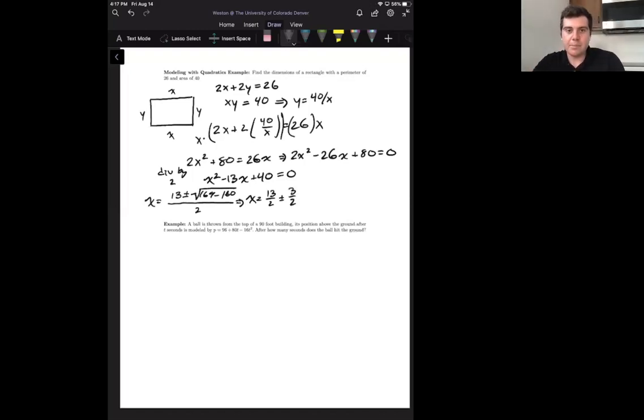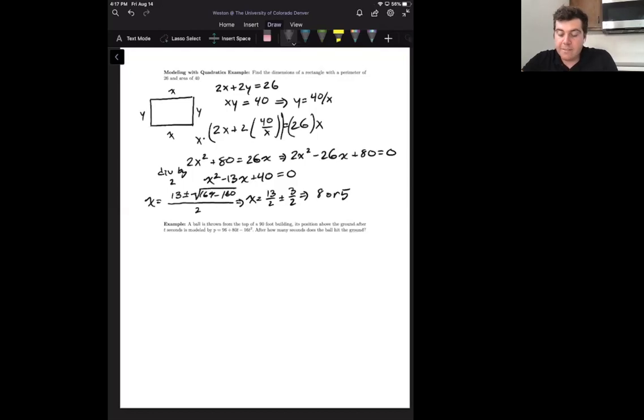And sorry for skipping some steps in the middle of this, I'm just trying to save space. And that's going to tell us that x is equal to 13 over 2 plus 3 halves, which is 8, or 5.